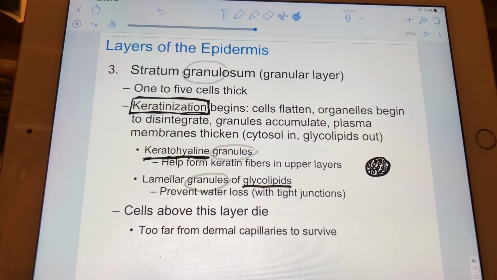That's why we often refer to these vesicles as granules. Okay? And now you can see where this stratum gets its name. Okay? Those granules. Some granules with the ingredients to make keratin, some granules with glycolipids. Okay? Once cells reach that border between granulosum and any superficial layers, they are just about dead.